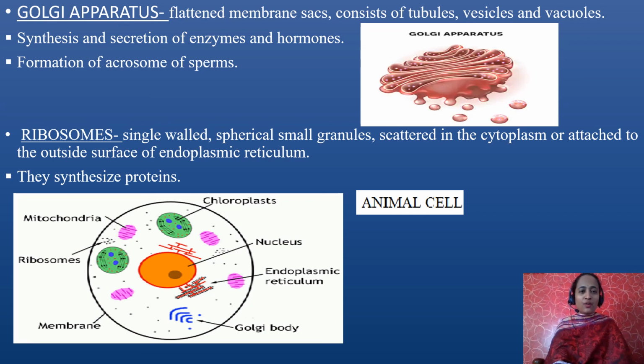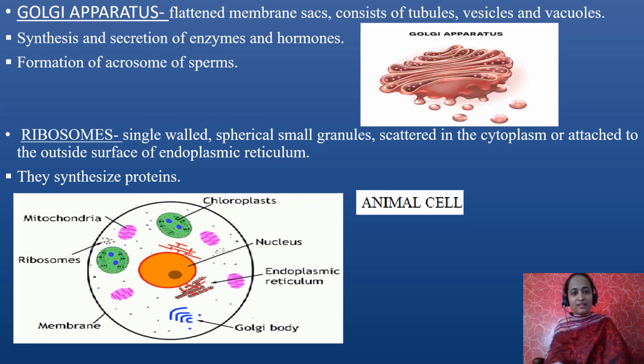This is the structure of a cell. This is a plant cell. How can you say it is a plant cell? See, chloroplast, the green color structure. It is present only in plant cells but not in animal cells. Now, see the different structures.